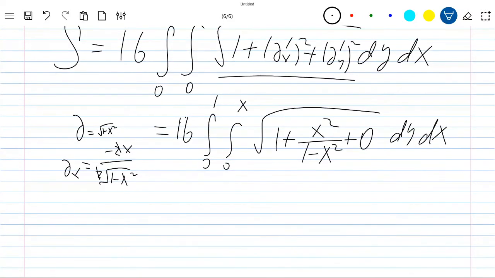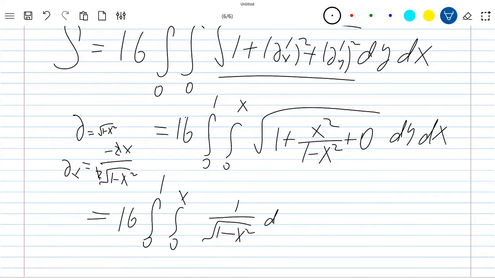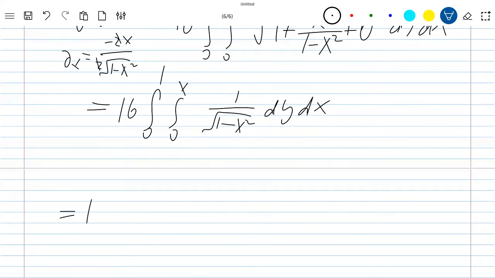Okay, let's continue. So 16, and this is actually not so hard because you add them together, you get a numerator 1 minus x squared plus x squared, so you get still 1, right? Then it's quite similar actually. So you get 0 to 1, and for y it's a constant, so it's just that.